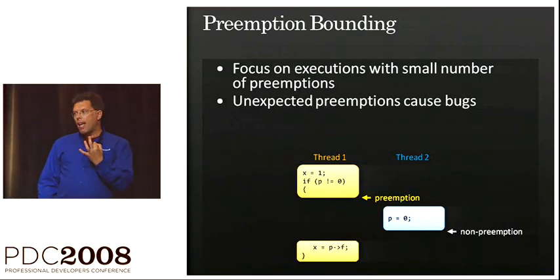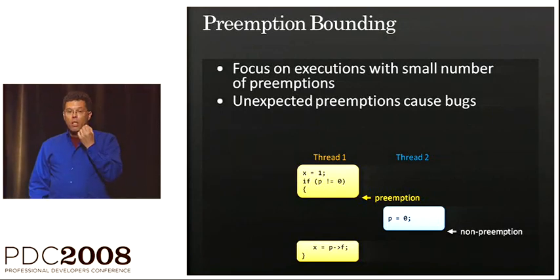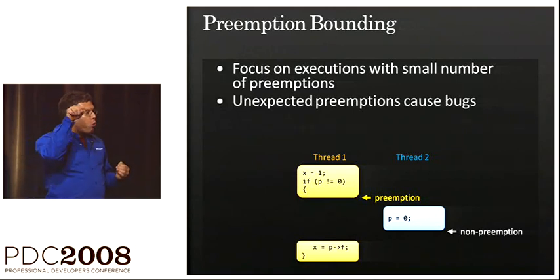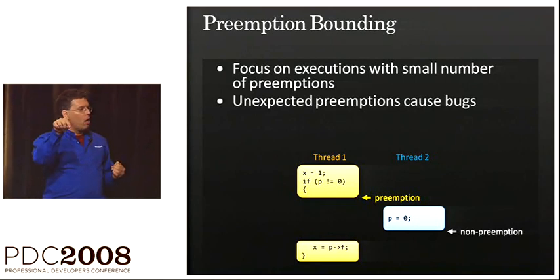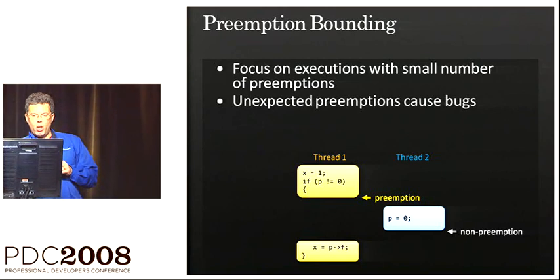So this is a classic atomicity violation. For most atomicity problems, you really only need one preemption, but you just have to find the wrong place for that preemption to occur. So you don't need hundreds of preemptions to find bugs. You need very few.